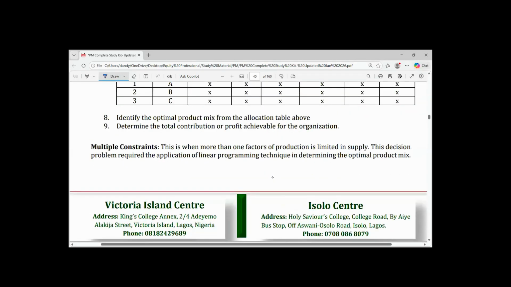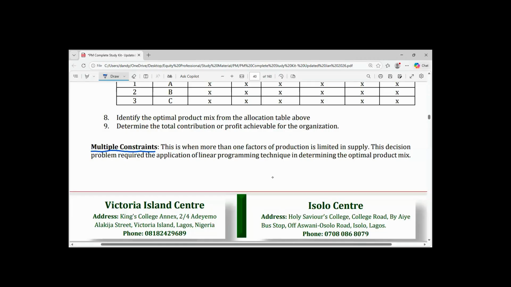So linear programming is more suitable for allocating limited scarce resources when there are multiple constraints. For example, raw material kilograms may not be sufficient and labor hours may not be adequate. So when this happens, for you to be able to determine the optimal production plan, you will need the linear programming method for the purpose of allocation.